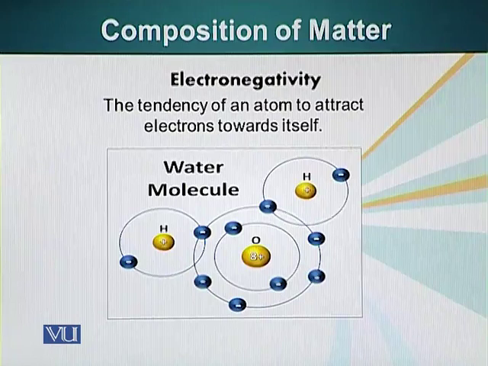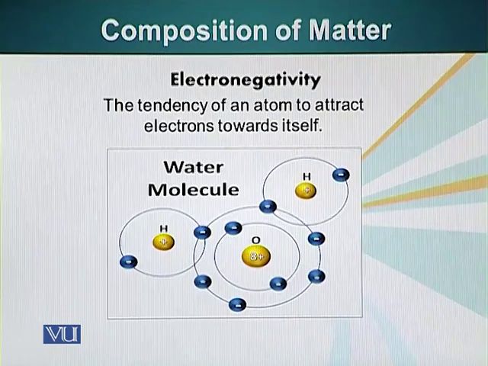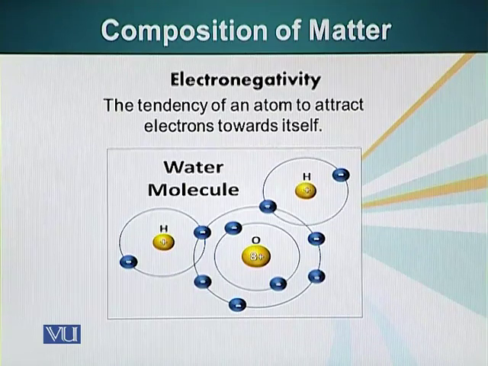Let's look at another very biologically important molecule, water. A water molecule has two different types of atoms, hydrogen atom and oxygen atom. An oxygen atom has 6 electrons in the outermost area. 2 of these electrons are present in pairs in orbitals. However, 2 out of these 6 electrons are in a way orphan electrons.